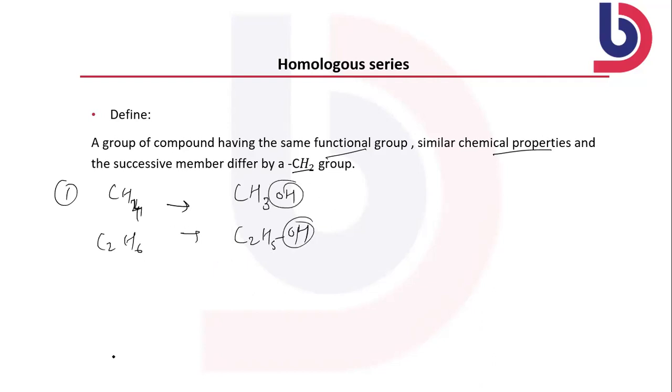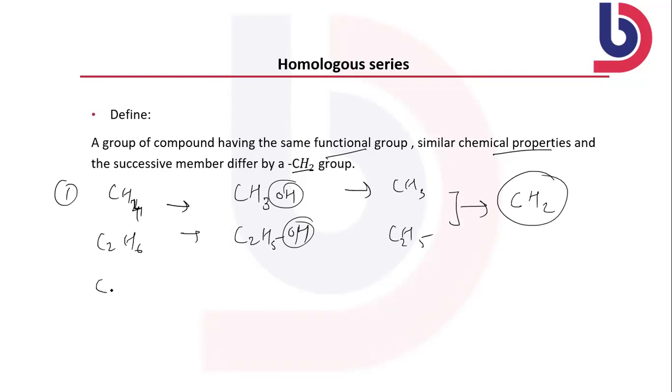If I add OH, you can say that all these hydrocarbons have the same functional group, which is alcohol. Since they belong to the same functional group, their chemical properties are also the same. But what is different? Here you have CH3 and here you have C2H5. The difference between these two is that one carbon is increased, and two hydrogens are increased in the second one.